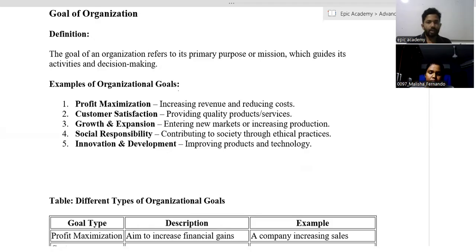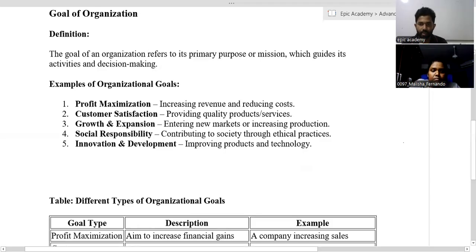Okay, social responsibility, we call it corporate social responsibility, CSR. If you are going to conduct any kind of business in this particular country, you are doing production and you are going to sell all that production into the society.